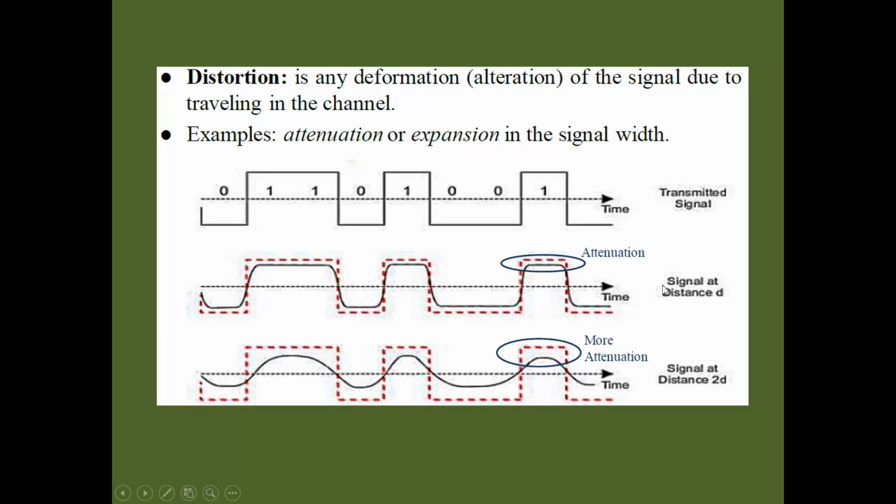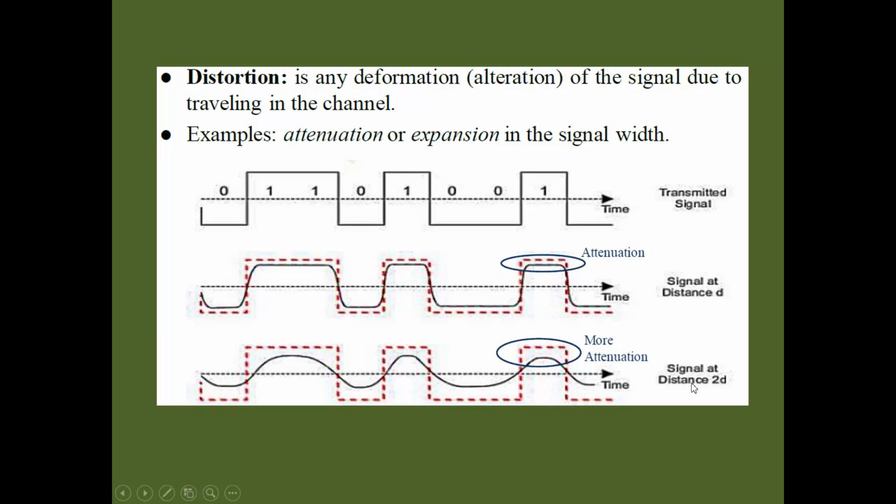At a certain distance d, distortion starts occurring. The dotted line shows the actual transmitted waveform, but when it goes through the channel, attenuation starts occurring, the signal level starts decreasing, and you also see that the signal starts expanding and spilling over into the neighboring bits, right?